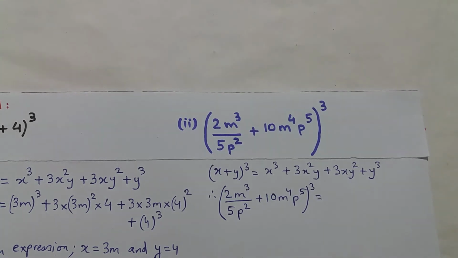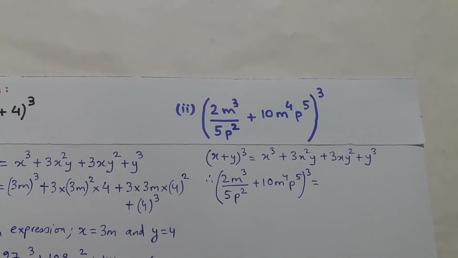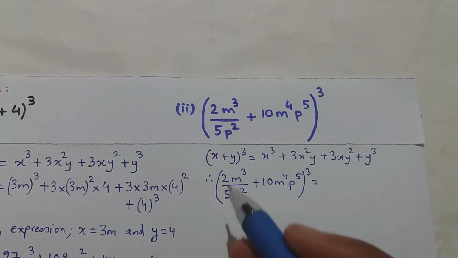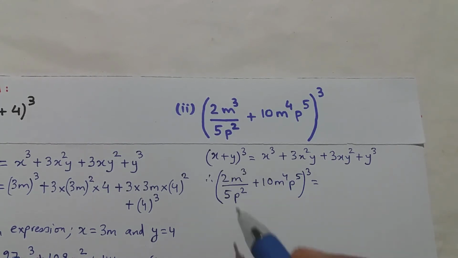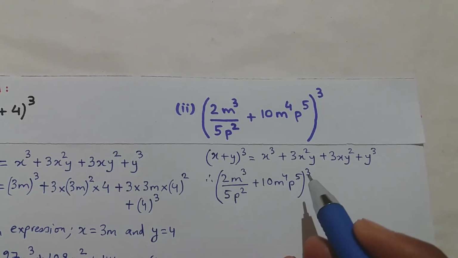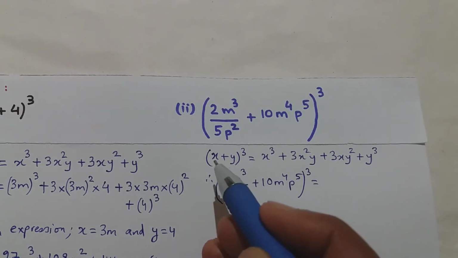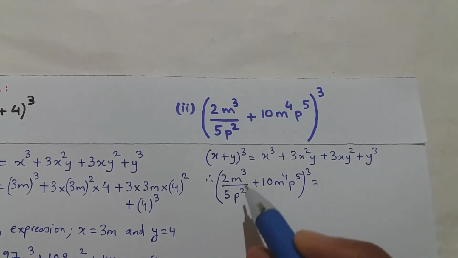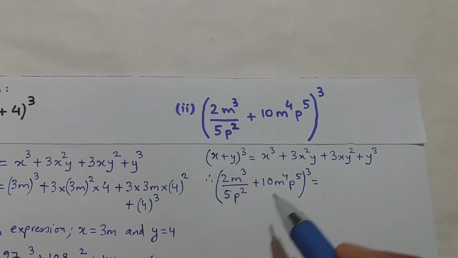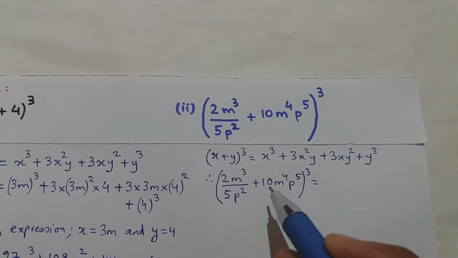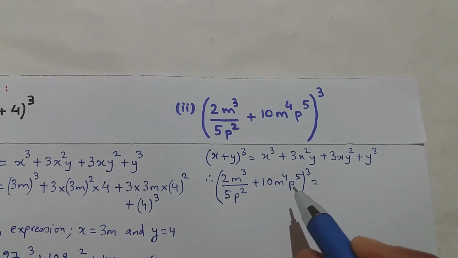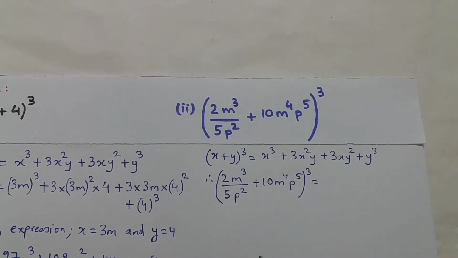So that is equal to, now when I compare (x plus y) whole cube with the given expression, here x is 2m cube upon 5p square and y is 10m to the power 4 p to the power 5.